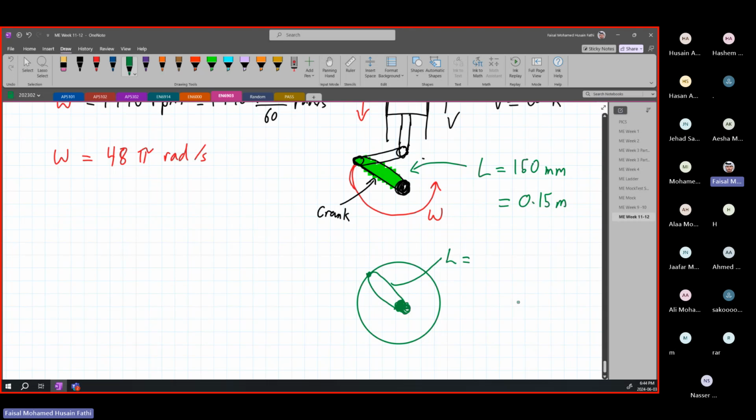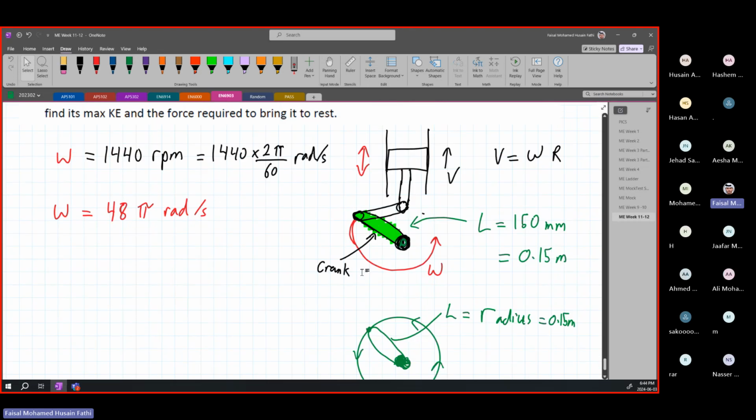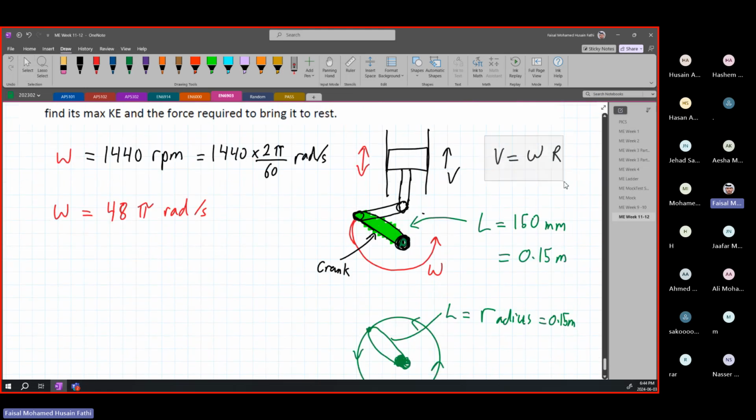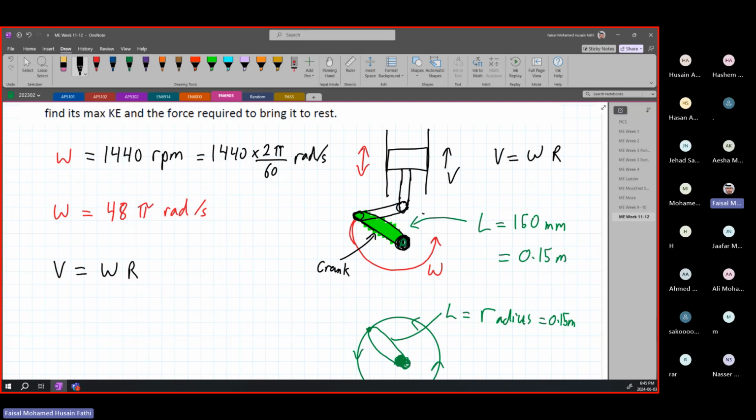The length of it is also equal to our radius, which is 0.15 meters, because this is following a circular motion around the center point over here. So this keeps rotating like that. This is also the distance that is being moved, which we will see in a bit as well. But why do we want the radius? Because we want to find our linear velocity. So now we can say that V is equal to omega r, which is equal to 48 pi times the radius of 0.15.